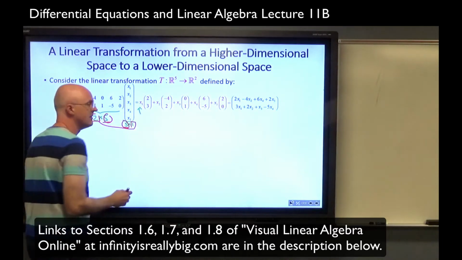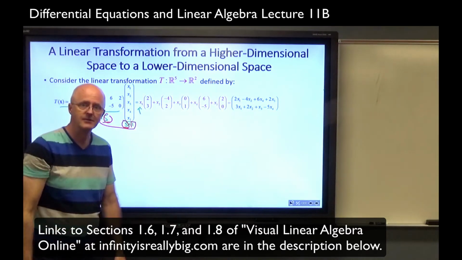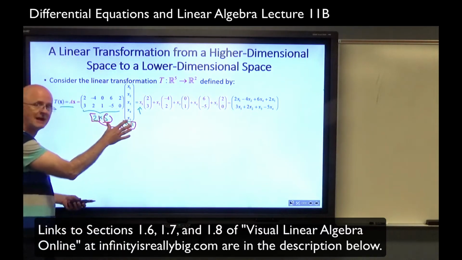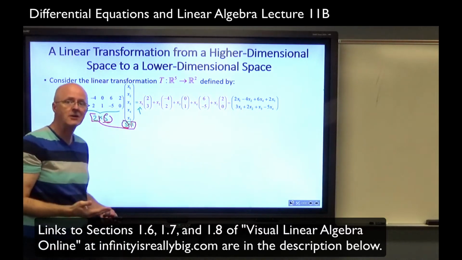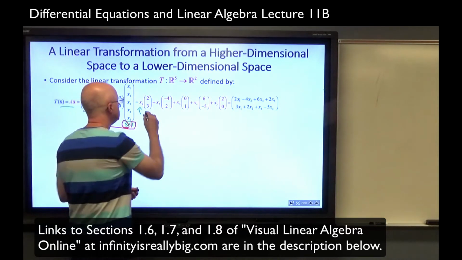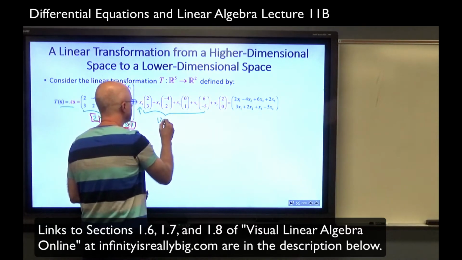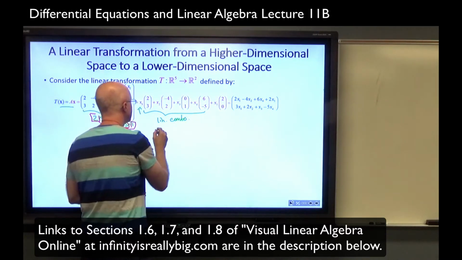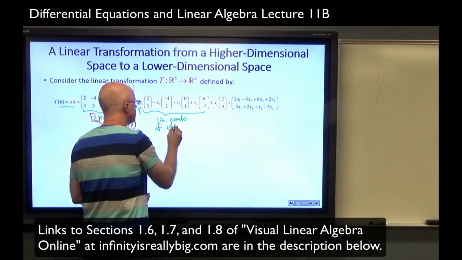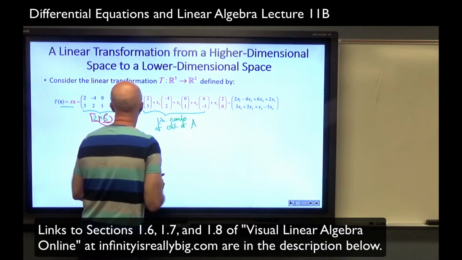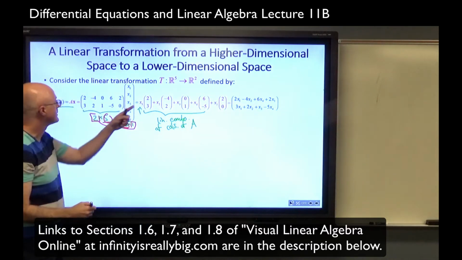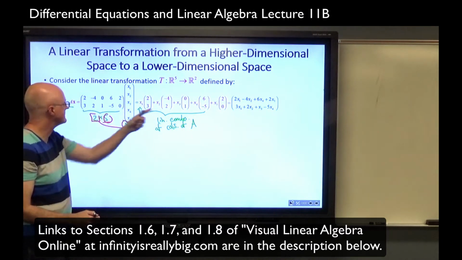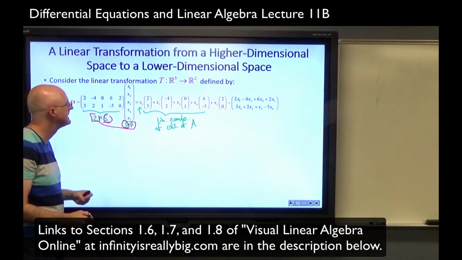The next equality emphasizes the meaning of a matrix times a vector that I've been emphasizing. To do this matrix times this vector, you take a linear combination of the columns of A, the columns of the matrix capital A right there. Notice 2, 3 is the first column, -4, 2 is the second column, 0, 1 is the third, 6, -5 is the fourth, 2, 0 is the fifth.